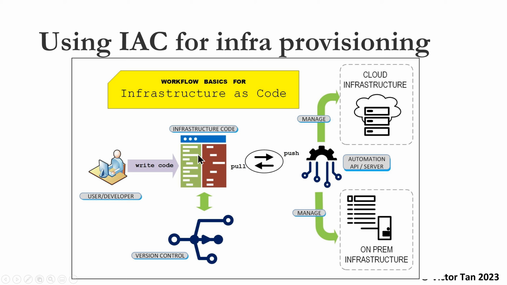Now you don't have to spend hours clicking on the UI. You write this code and send it to the automation server, and the automation server runs it to spin up all these VM instances.